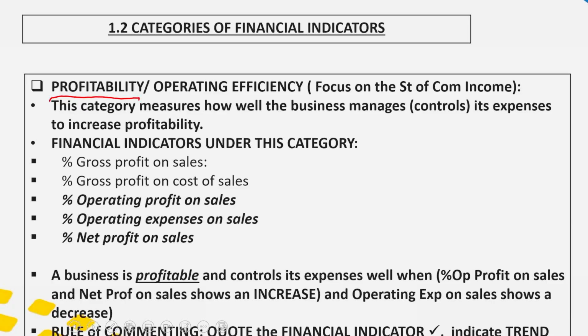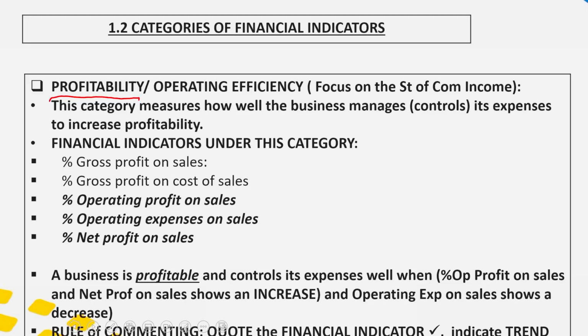Now, how can I see that my business is profitable? Remember, the 3 indicators that we use are those that speak about the profit: the operating profit on sales and the net profit on sales, meaning that these 2 financial indicators which speak about the profit must always show an increase. Remember, a business can increase its profits when it is able to control or manage its expenses.